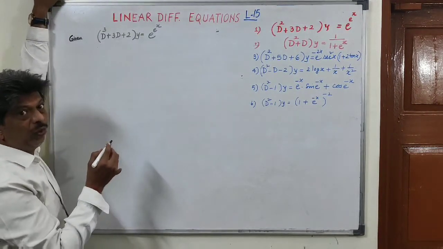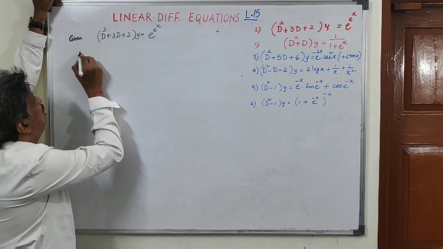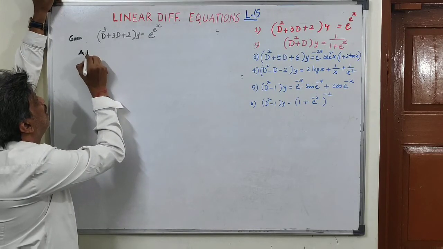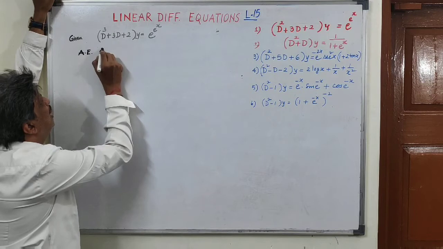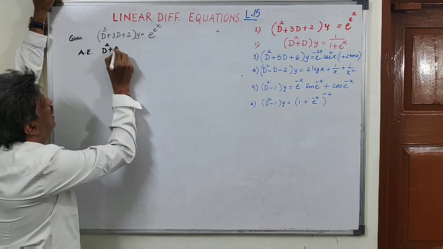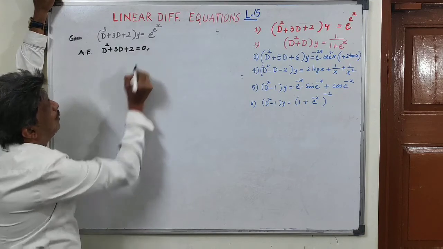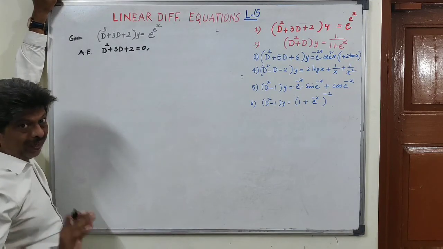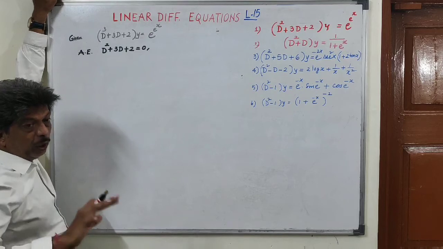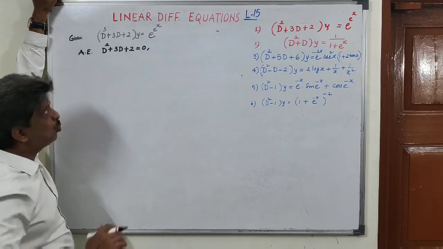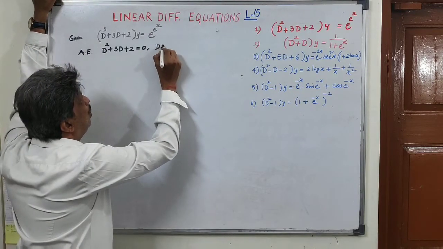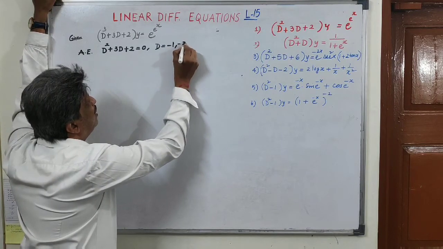What is the auxiliary equation over here? The auxiliary equation is D square plus 3D plus 2 equal to 0. This simple quadratic equation gives me the two distinct roots, D equal to minus 1, minus 2.